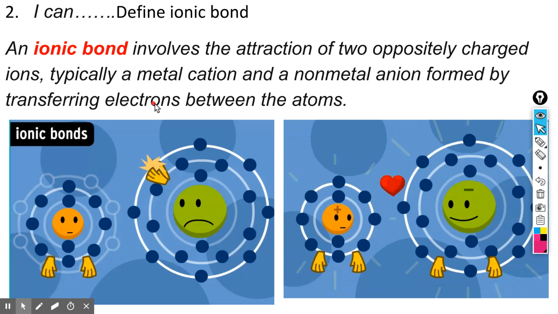Again, it is that gaining and losing electrons, the transferring of electrons between atoms causes ions to form, and it's the attraction between oppositely charged ions that causes an ionic bond to form. Why does that happen? Because they gain and lose electrons.